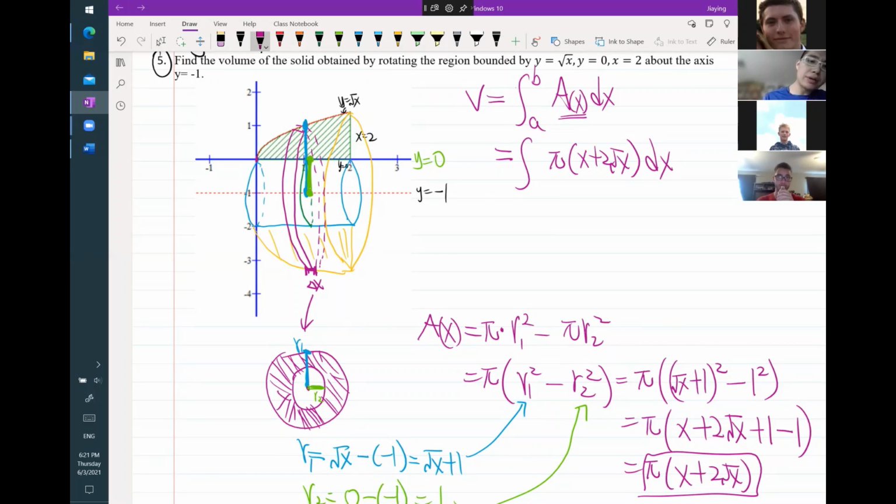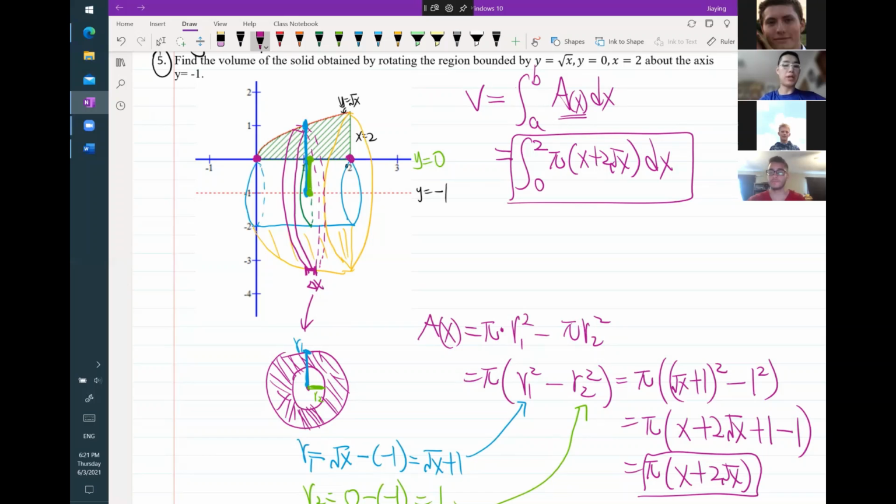If you look at the shaded region, the most left point is x equals 0, and the most right point is x equals 2. So the boundaries of integration are from 0 to 2. This will give you the volume if you integrate.